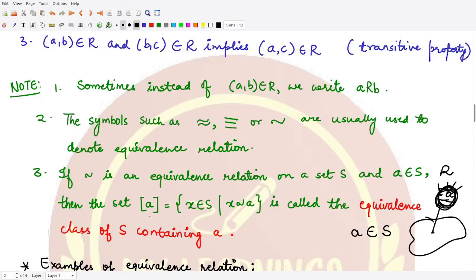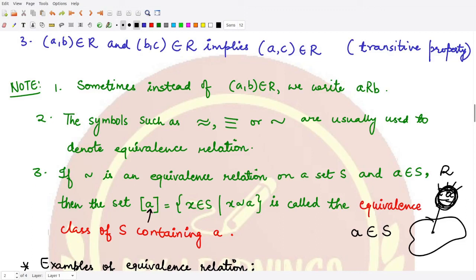We denote it by the letter whose class we are making, in square brackets like this, and this class contains all such members of the given set which are related to this particular element A. This particular element is fixed, and we call it the equivalence class of A, right?